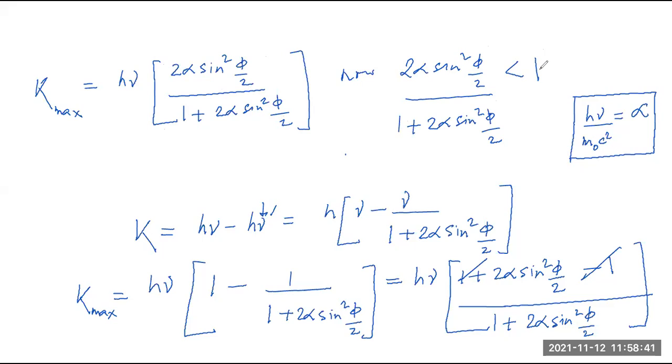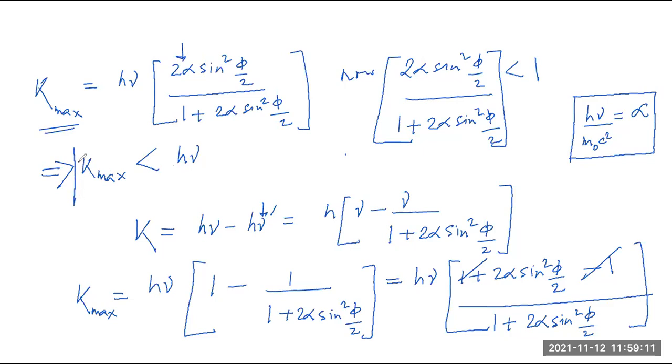And if this is less than 1, then K max is less than h nu. Am I right? Because the term in the bracket is always less than 1, K max is always less than h nu.